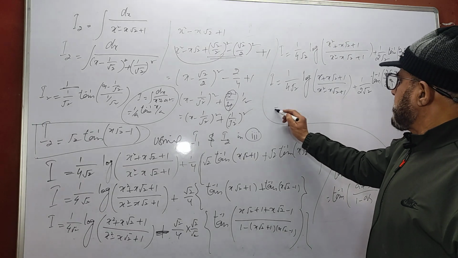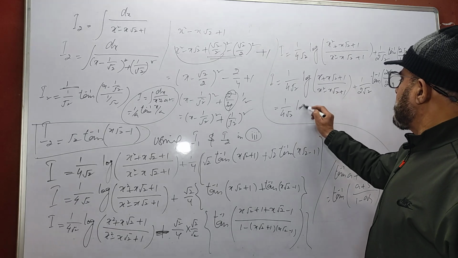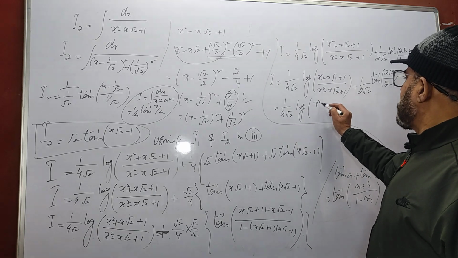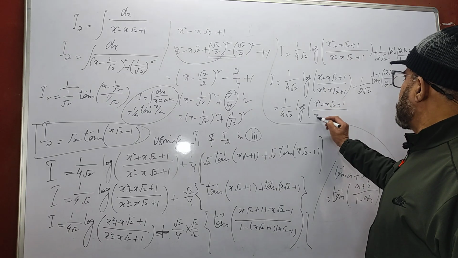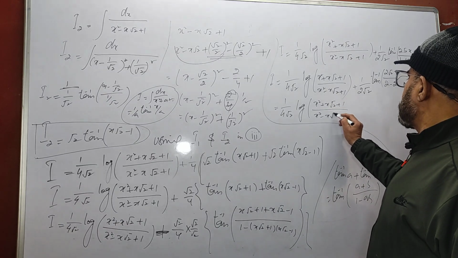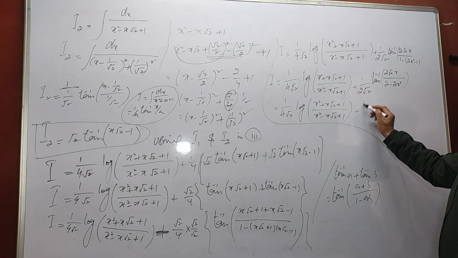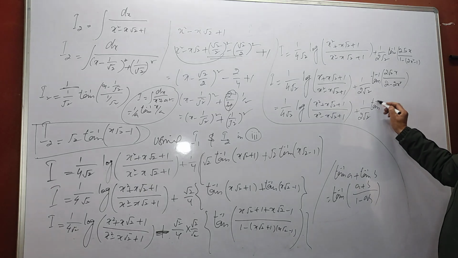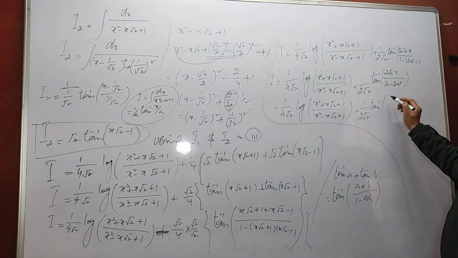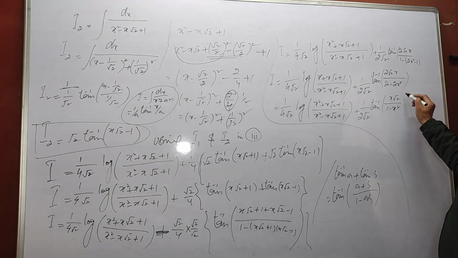This you can write further as 1 by 4 root 2 log of (x square plus x root 2 plus 1) by (x square minus x root 2 plus 1), plus 1 by 2 root 2 tan inverse of the 2 goes, root 2 x by 1 minus x square.